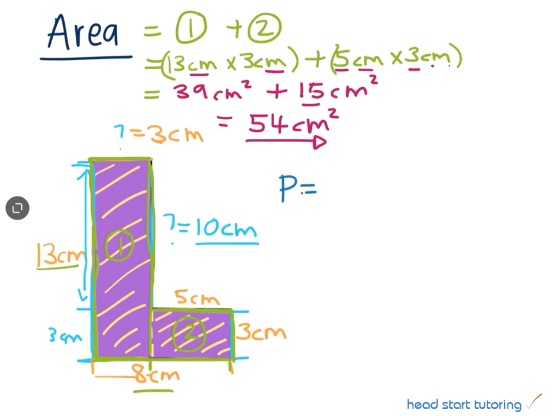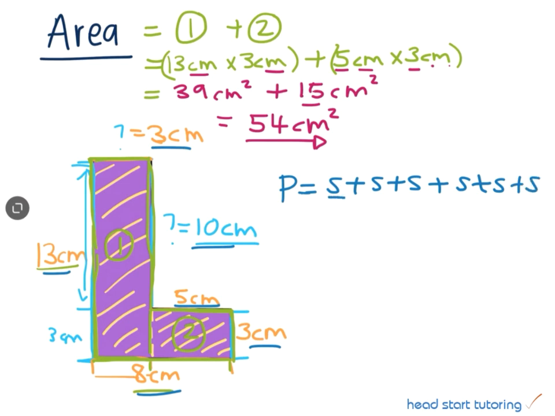The perimeter of an irregular shape is simply adding all the sides together. So in this shape we have got 1, 2, 3, 4, 5, 6 sides. So we say side plus side plus side plus side plus side plus side. So we've got 1, 2, 3, 4, 5, 6 sides that we are adding together.